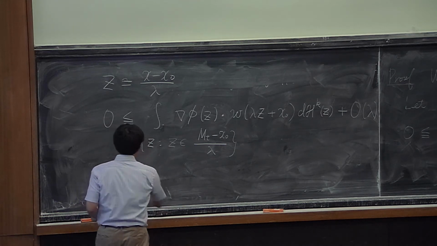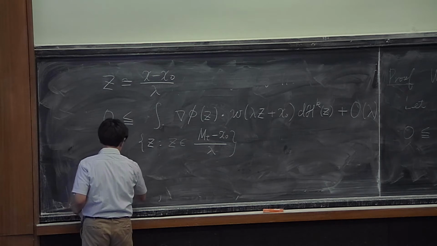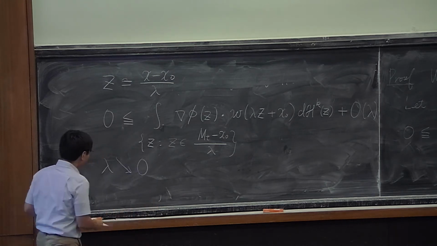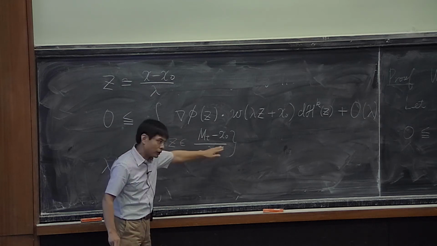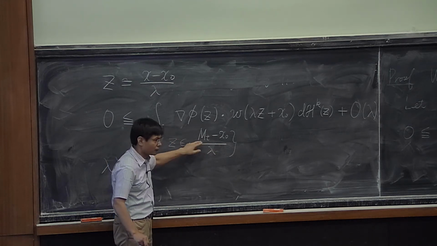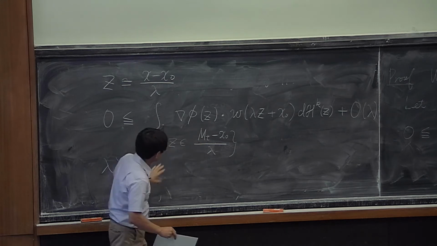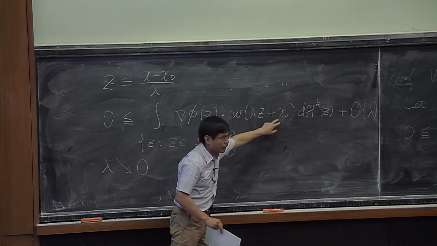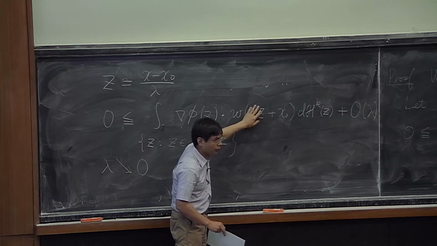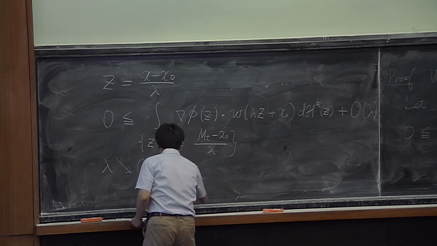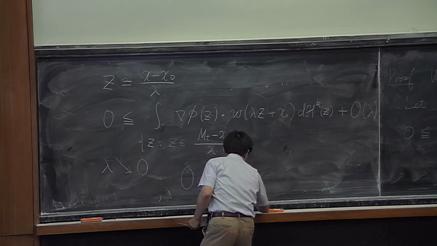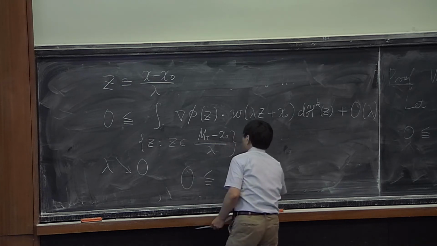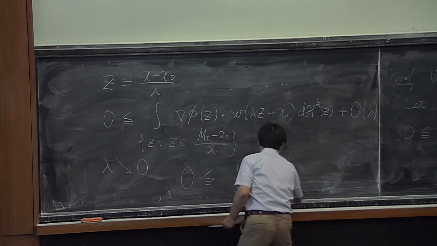And if you let lambda go to 0, in the limit, let's see. So this domain converges to just the tangent plane of mt, okay? And this becomes just a constant, x0, as lambda goes to 0. So you end up having this inequality. That is, you have the tangent at x0 of mt, and nabla phi of z.